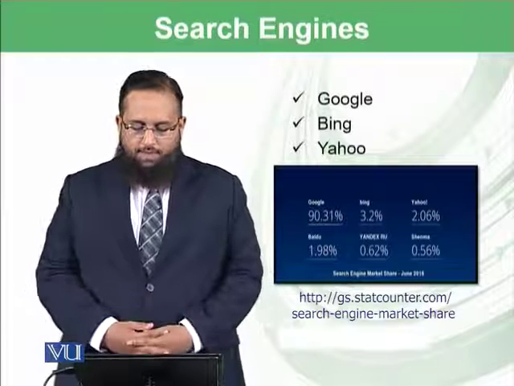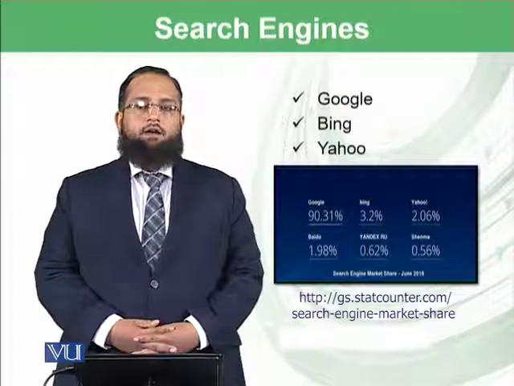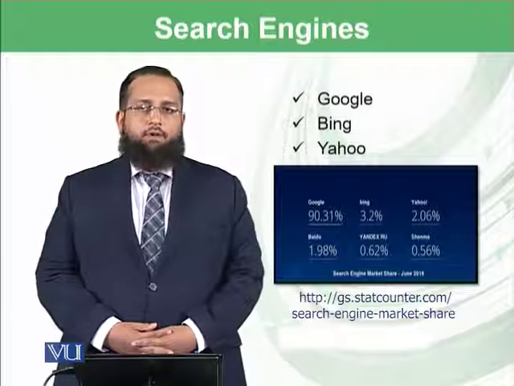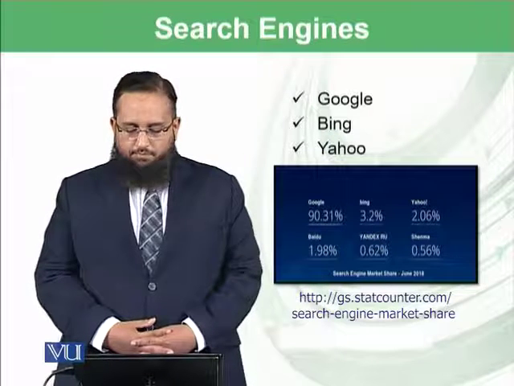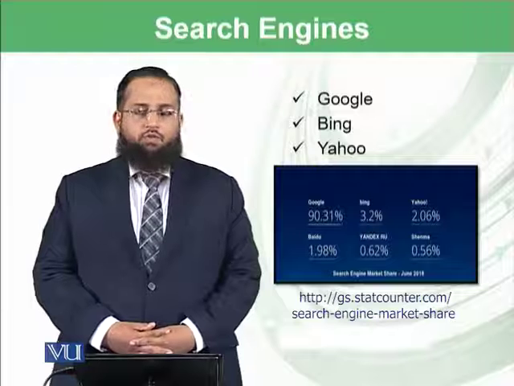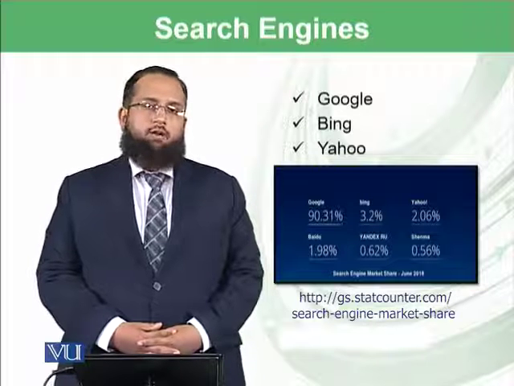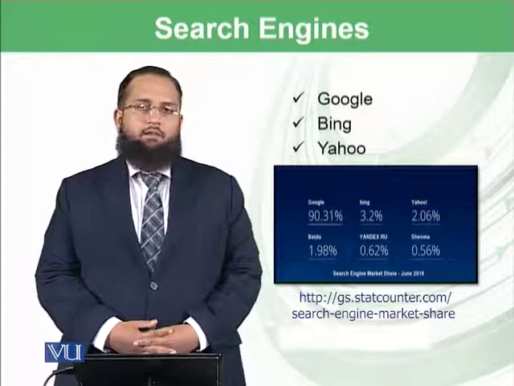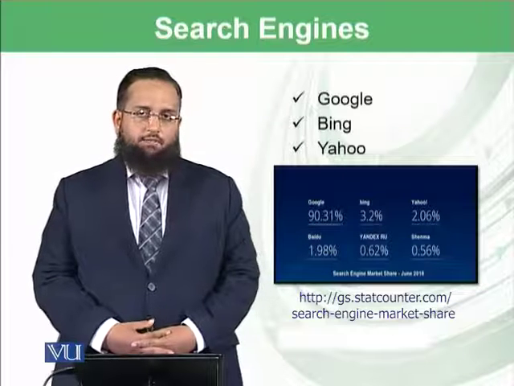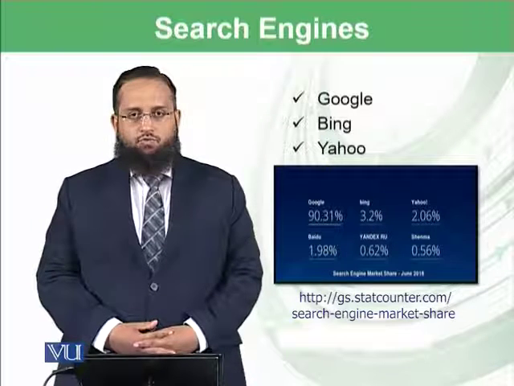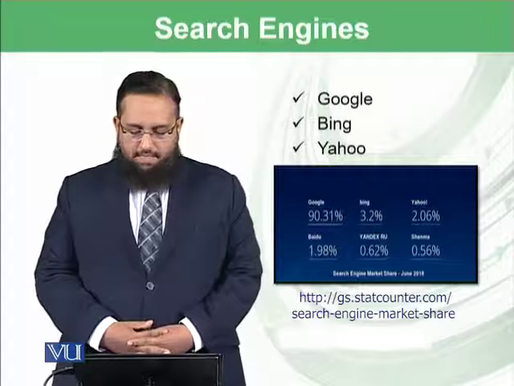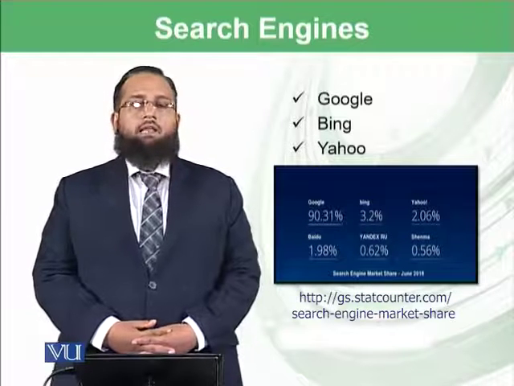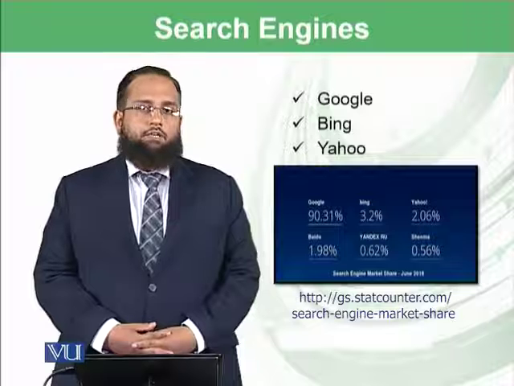So in the world there are many different search engines available. For example, Google, Bing, Yahoo. So you can search content on the internet using any of these search engines, and there are some other search engines as well, but these three are most widely used. But you can see in the diagram that Google has captured more than 90% of the market share.